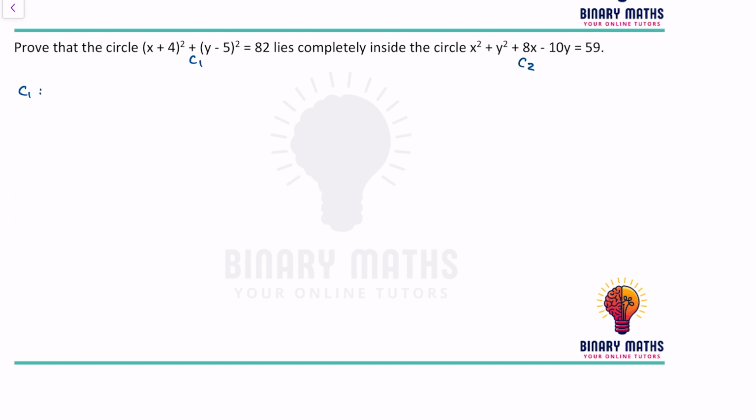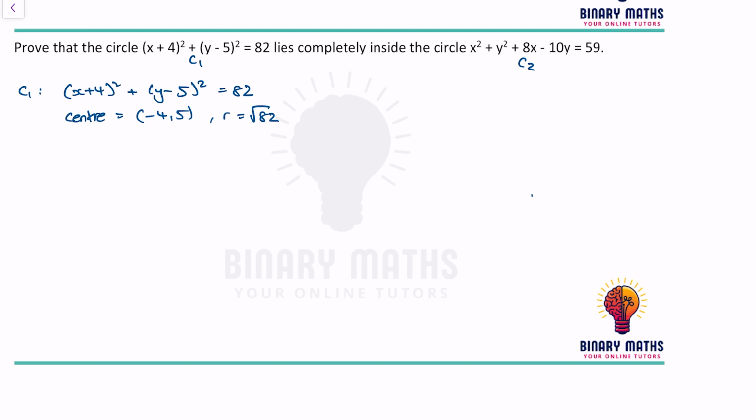Because we've got (x + 4)² + (y − 5)² = 82, the center is (−4, 5) and the radius is root 82.